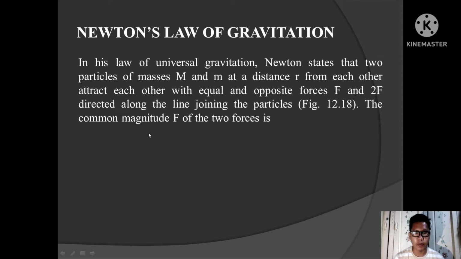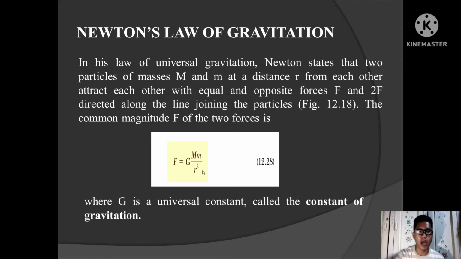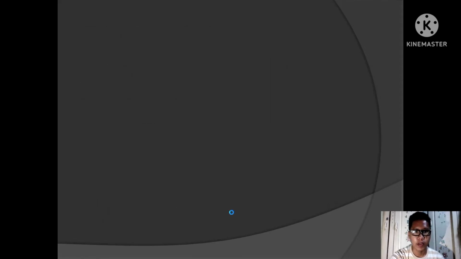The common magnitude of the two forces is given by this formula: force is equal to gravity constant G times the mass of object 1 times the mass of object 2 over the square of the distance between the centers of the masses. So this is Newton's law of gravitation, where G is the universal constant, which is called the constant of gravitation.